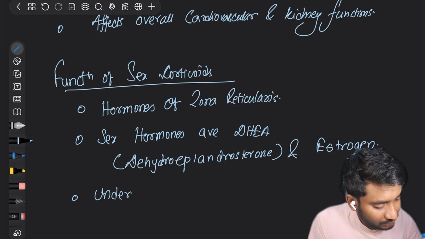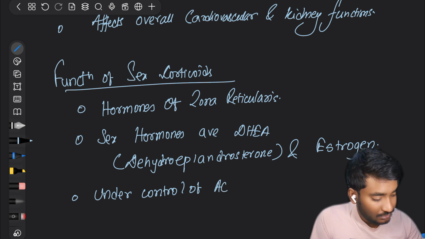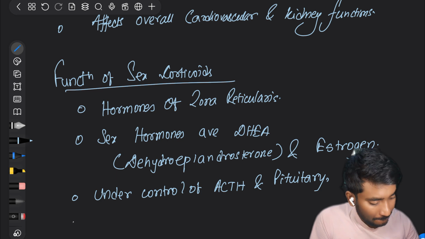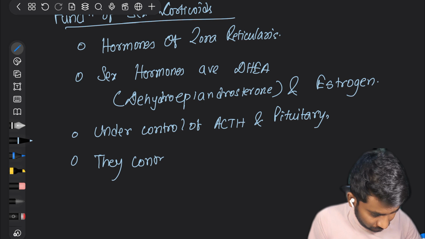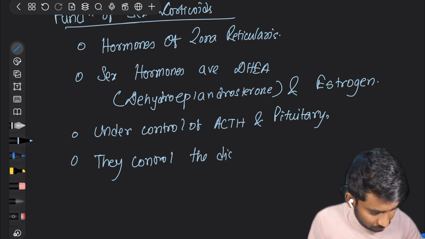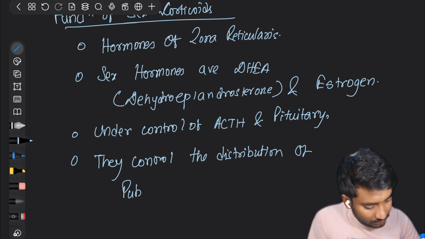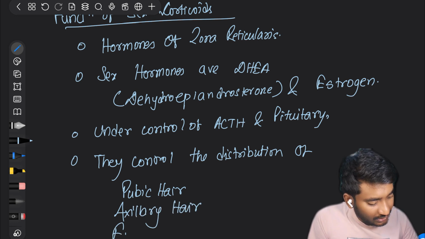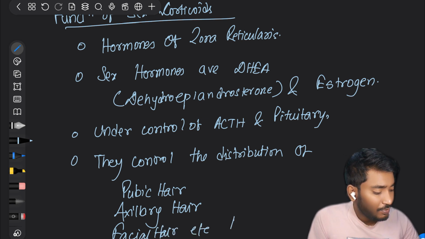Under the control of ACTH and pituitary, they control the distribution of pubic hair, axillary hair, facial hair, etc. during puberty.